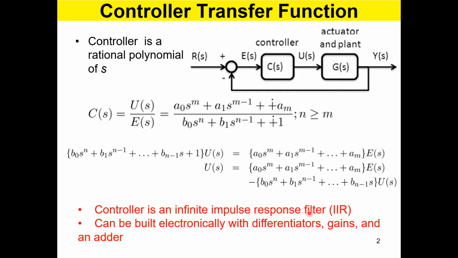If you look hard into this equation, let's take the first term here. What do you see? E(S) times a_m, so just a gain, a multiplication. E(S) is the error if you look at the time domain, because whatever controller you implement on real hardware, it can take actual signals in this world, time signals.